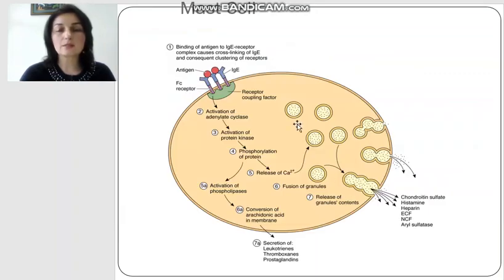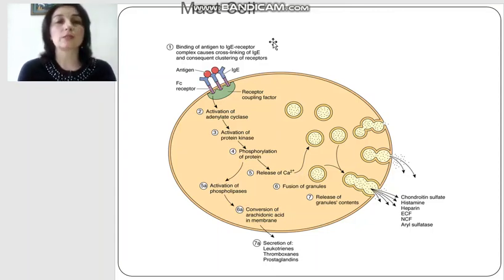Actually, mast cells are active participants of immunological reactions in immediate hypersensitivity reactions. They carry on the cell membrane the receptor for Fc fragments of antibodies, immunoglobulins E. When exposed to some foreign antigens, for example bee venom or pollen or some drugs, the body produces antibodies against those allergens.